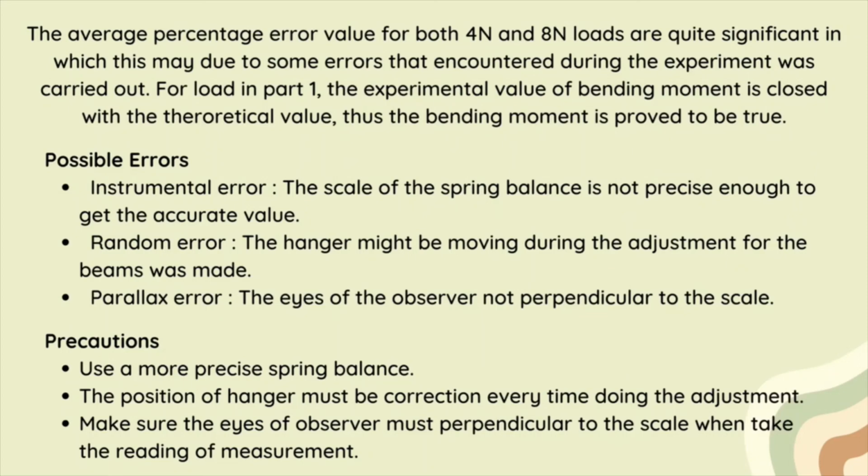So as precautions in this experiment, we must use a more precise spring balance. Second, the position of the hanger must be corrected every time during the adjustment. And last one, make sure the eyes of the observer are perpendicular to the scale when taking the reading of measurement.